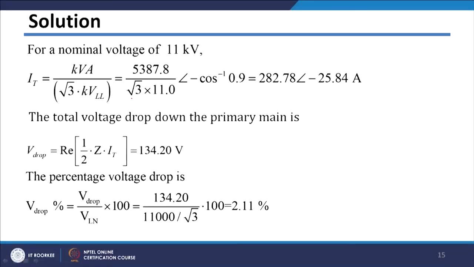Now check what is happening with 11 kV. Similarly, we can calculate current for 11 kV. If we calculate for 11 kV, the current is coming 282.78, and phase angle will remain same because we are not changing the power factor of the load.